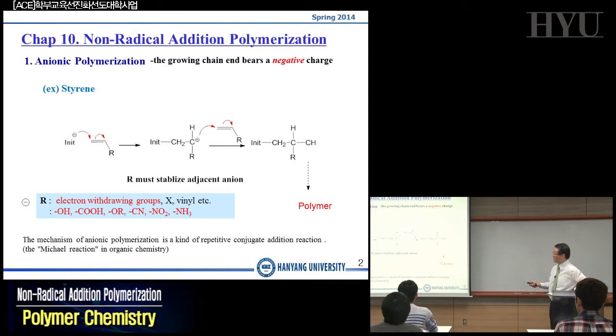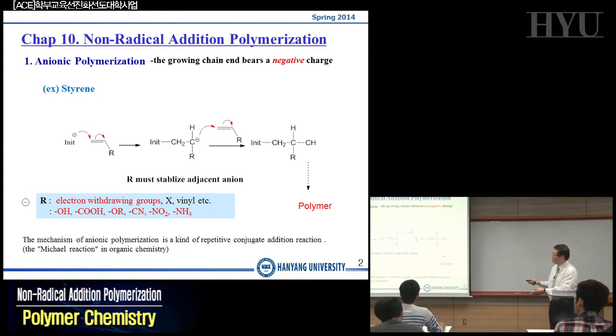But there is a requirement of this reaction. You should have a negatively charged initiator, okay? Whereas the substituent group should be acting as an electron withdrawing group. Okay? If you pull the electrons from this double bond, then this position, the left-hand side position and the right-hand side position, is a little different in electron density.